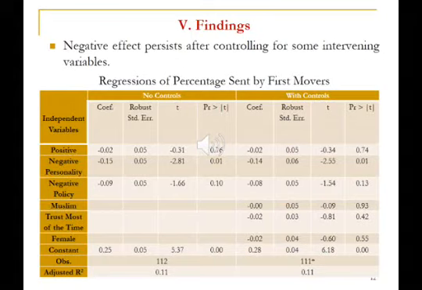We also control for income, but it's not here. And we even control for the trust level as measured by the usual question, the World Values Survey question. And as you could see, the negative personality has the expected sign, which is negative, and it is statistically significant.